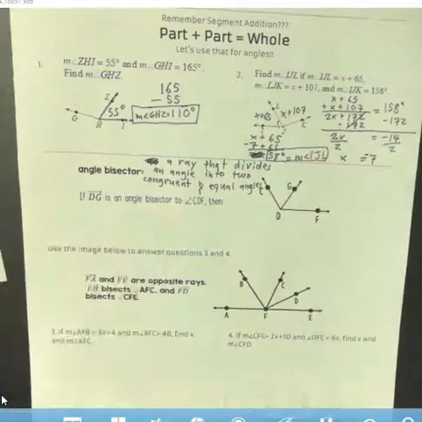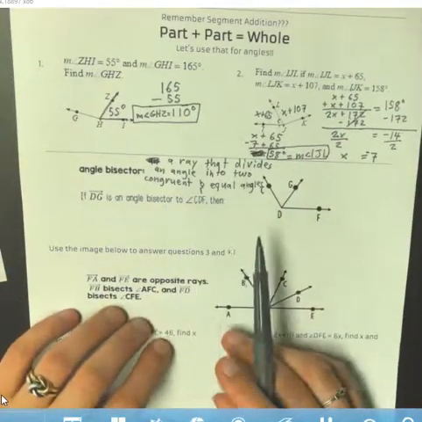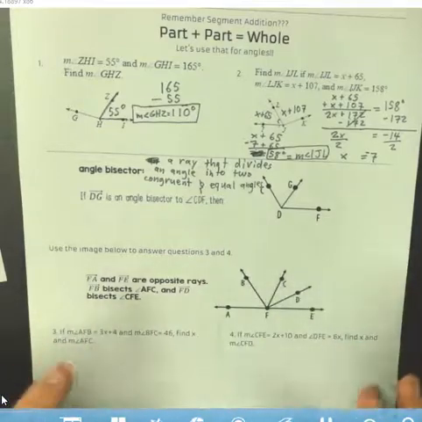What does that actually mean? Well, we remember congruent means that the shapes have the same measure.